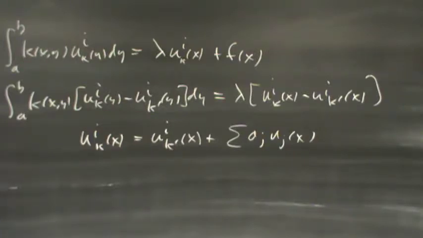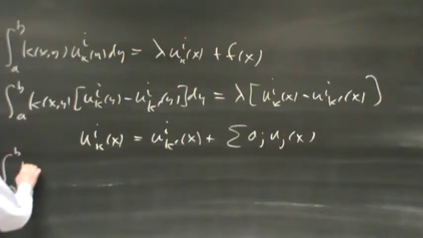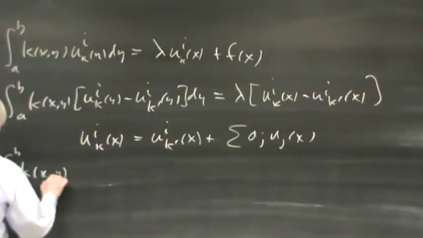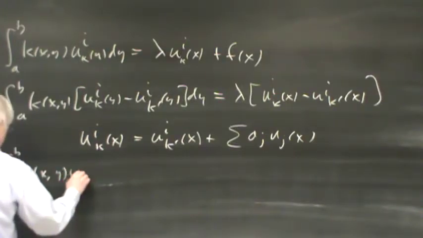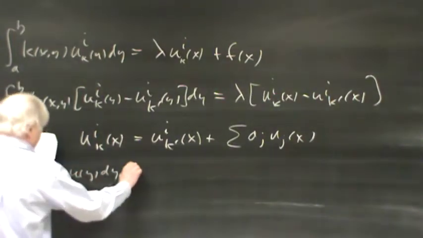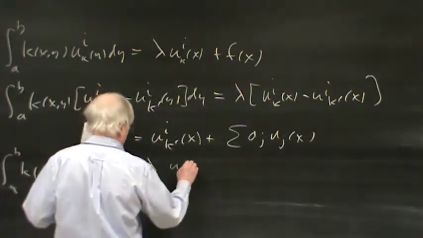And so what you do then, first of all, for the homogeneous Fredholm equation of the second kind, we're looking at the integral from a to b of k of x and y, u of y dy, and we want that to be lambda u of x.